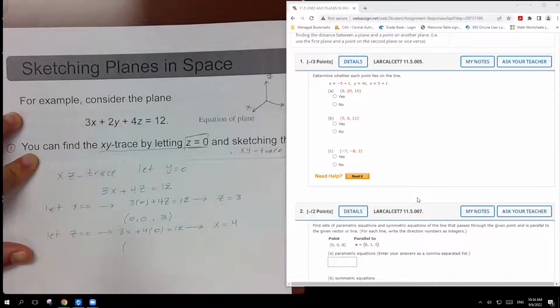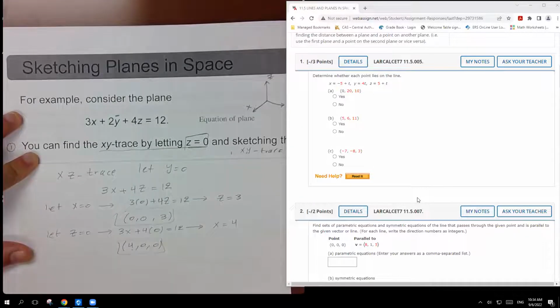So the point here is x is 4, y is 0, and z is 0. Here's the second point. We're done with this trace.